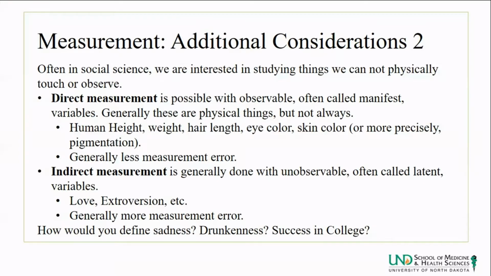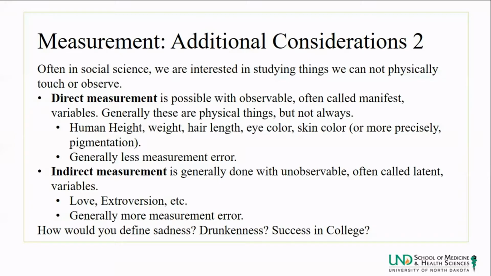compared to indirect measurement. Indirect measurement is generally done with things that are unobservable. Sometimes you'll see latent variables when we're talking about indirect measurement. So for instance, if you talk about love, extroversion, things like that, one of the examples I used to use in class was sadness, right?